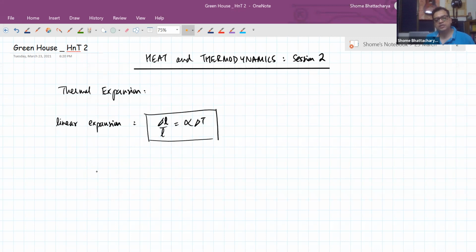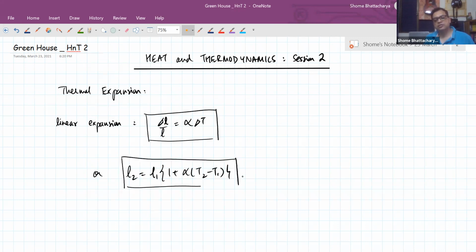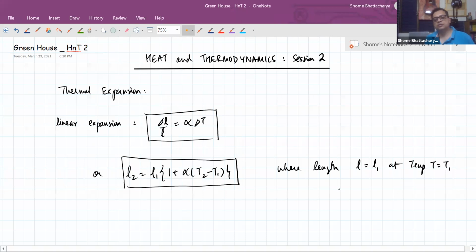Or we can also express it in this way, that the length at two different temperatures can be related in this way, where length L is equal to L1 at temperature T equal to T1 and L2 at temperature T equal to T2.